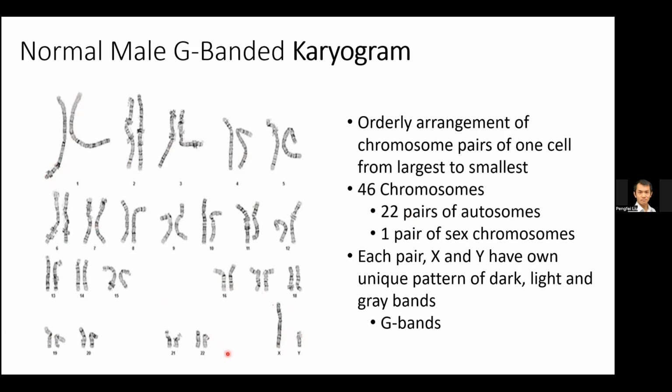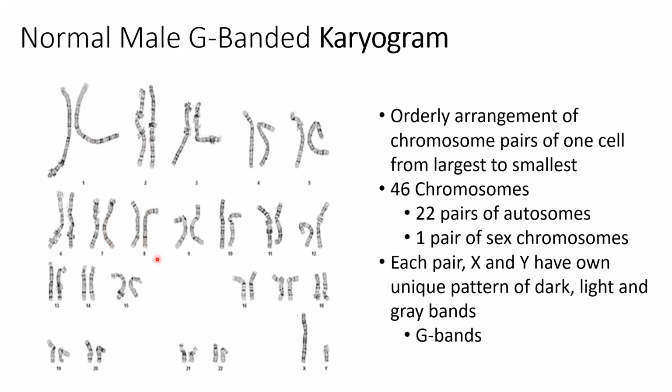And those are going to be the same in males and females. But then the sex chromosomes, XY for male, XX for female. And you can see, even if you can't recognize the chromosomes yet, you can still see that there are a series of dark and light and kind of gray bands up and down the chromosome arms.